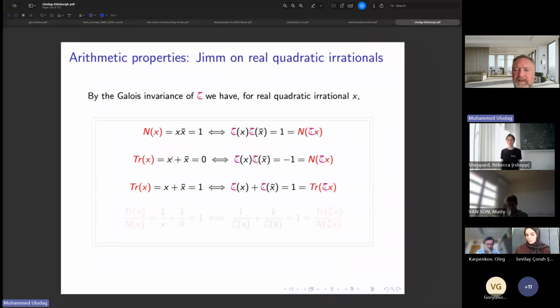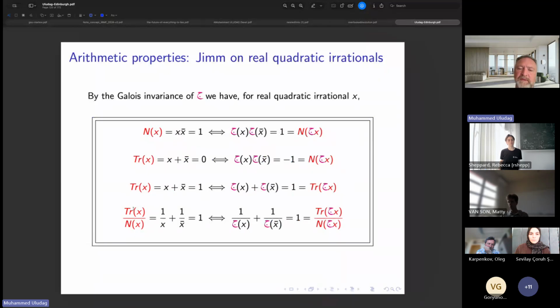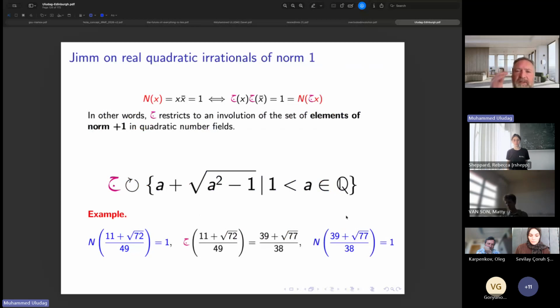Trace of x equals 0 if and only if norm of Jimm of x is minus 1. Trace of x is 1 if and only if trace of Jimm of x is 1. And trace of x equals norm of x if and only if trace of Jimm of x equals norm of Jimm of x.